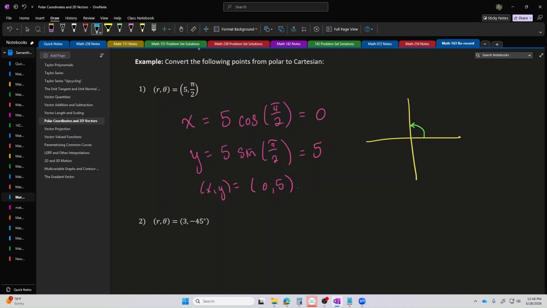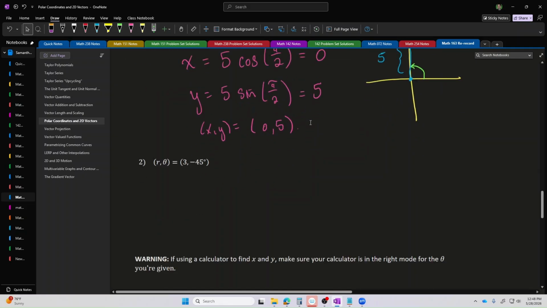And then r would have me move 5 units along that direction. So it makes sense in the end that the point that I've calculated has 0 for x and 5 for y, because I can see that my point is up here on the positive y-axis.